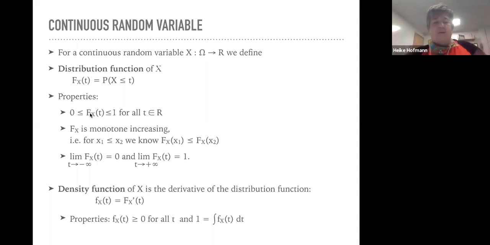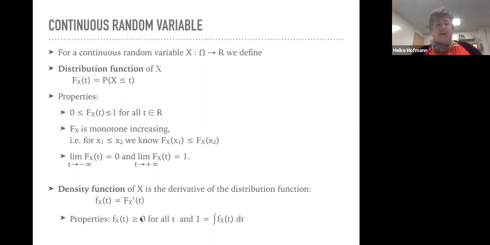So I'm going to spare you those proofs. What's important is that we've got a distribution function, which is a cumulative probability starting from everything that's negative up to this value of t. And we've got a density function, which is a value in t.